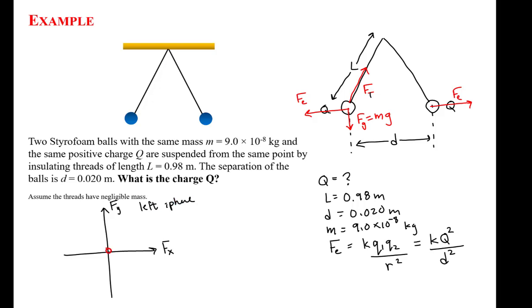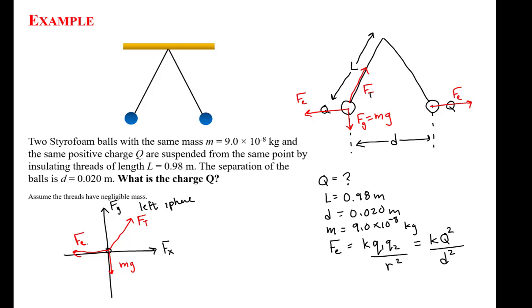The sphere is represented in the middle, and I am just going to transfer those forces to my free body diagram. So we have the tension force coming off at an angle. I will call that F sub t. We have the weight. We know the weight is equal to mg. And then we have the Coulomb force acting on the left sphere. That Coulomb force is equal to F sub e.